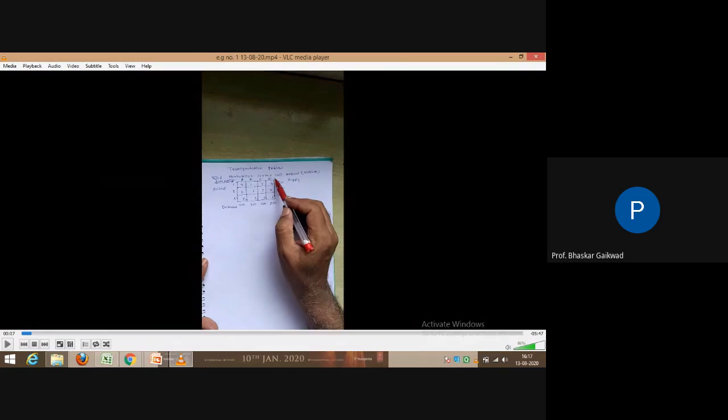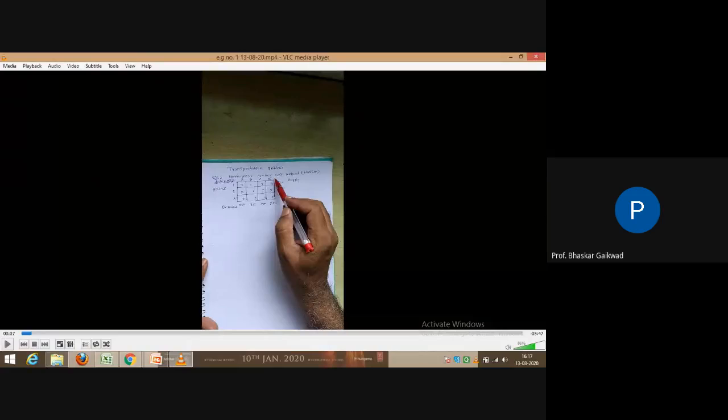Correct. Now, the first thing is to check whether the problem is balanced or unbalanced. So the addition of all supply is equal to the addition of all demand. If it is so, then it is called a balanced problem.